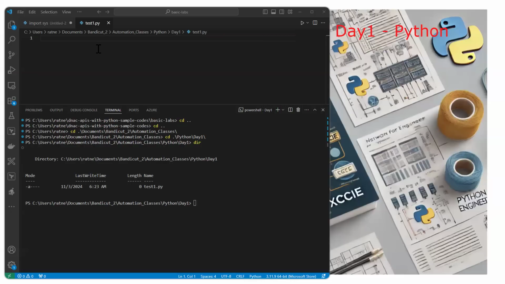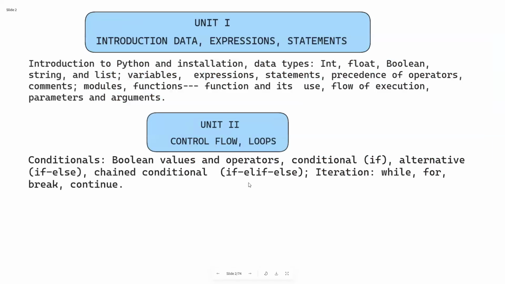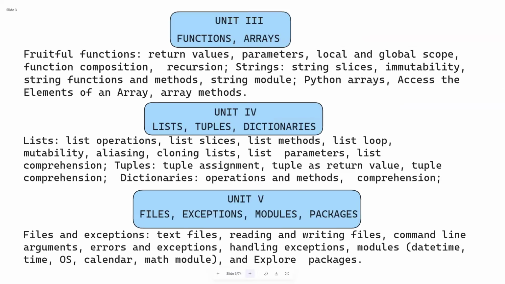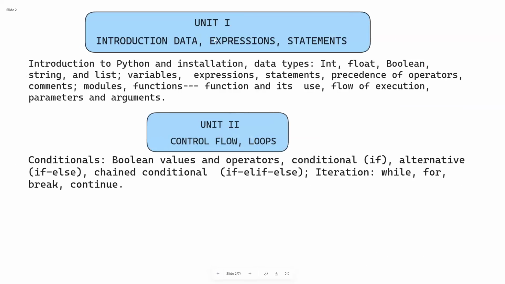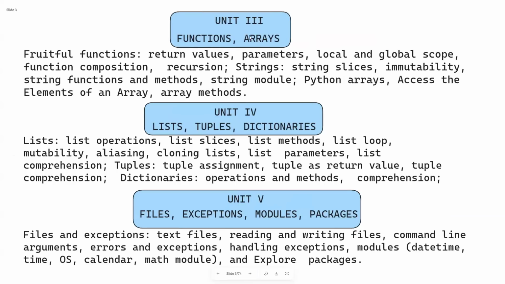After that, I have shared this PPT link that you can see in the back. It has only 74 slides. In these, I have divided Python into 5 units. You can see, starting with data structure, expressions, and statements in Python, and how we can utilize them. Then control flow, like conditions, for loop, while loop, if else, etc. Then functions and arrays, a little bit of advanced data structure, that is arrays or lists.